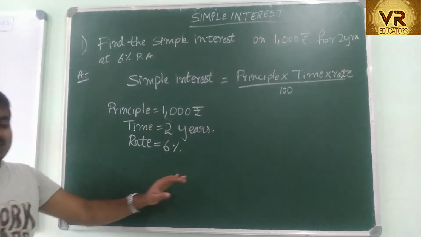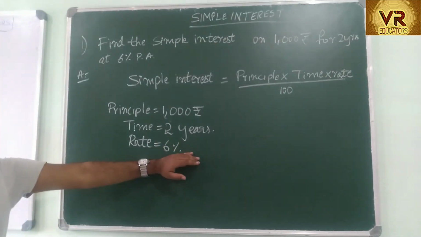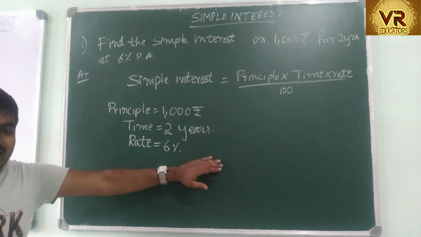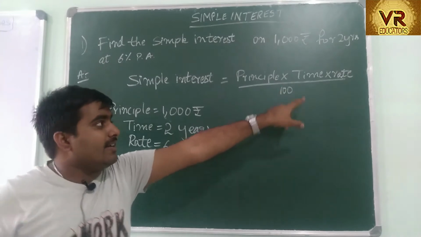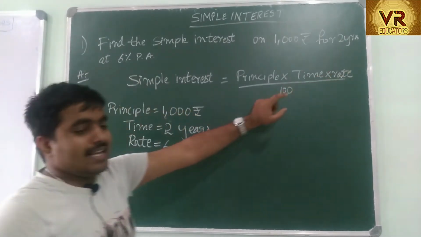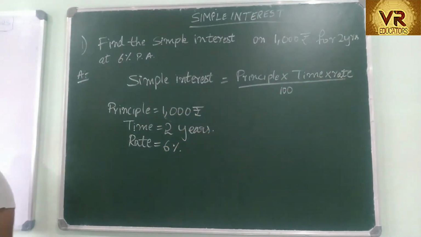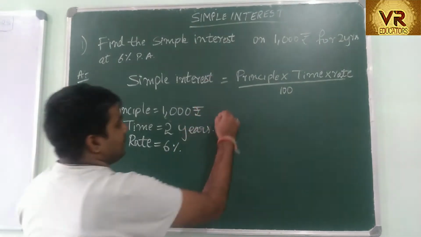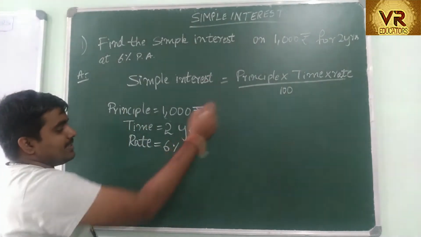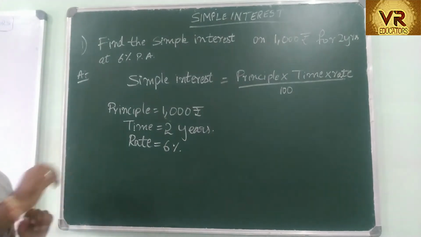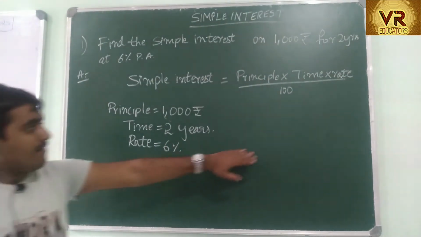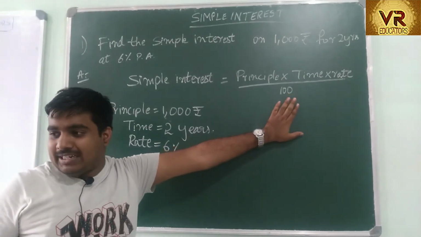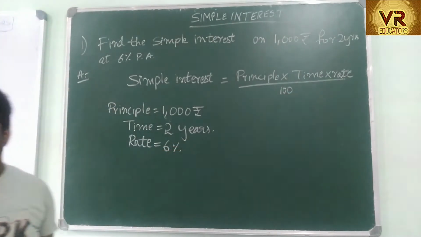So percentage is converted: 6% is equal to 6 by 100. That is why we write it as PTR by 100; R percentage is written as R by 100. We will substitute here. In this case we are not writing the percentage, because we have converted it and written it as 6 by 100.